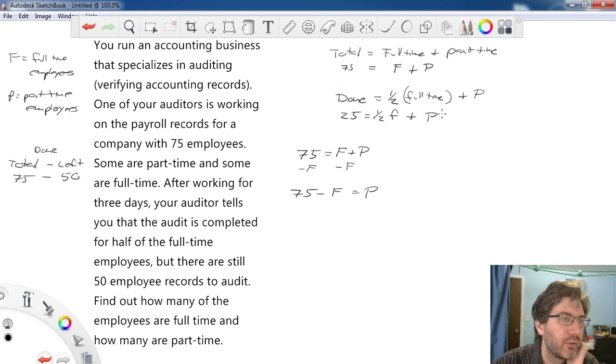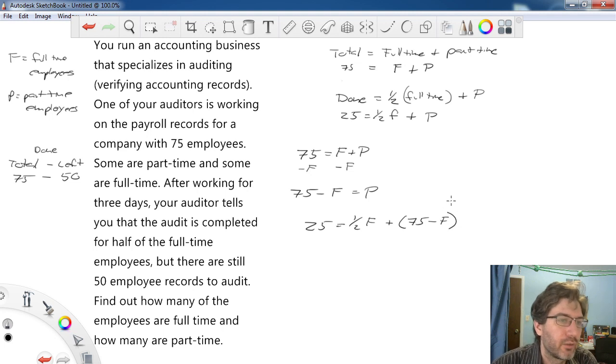We can substitute in for P. So 25 is equal to half the full-time employees plus 75 minus the full-time employees.